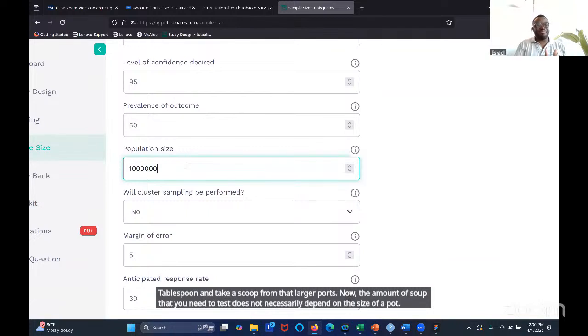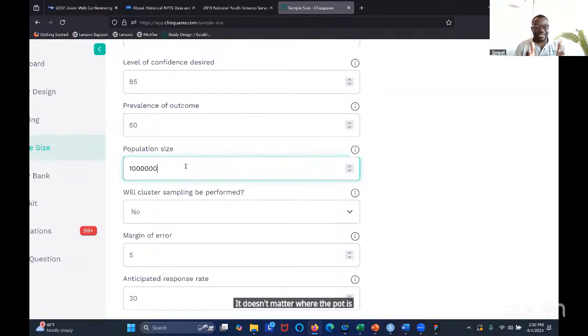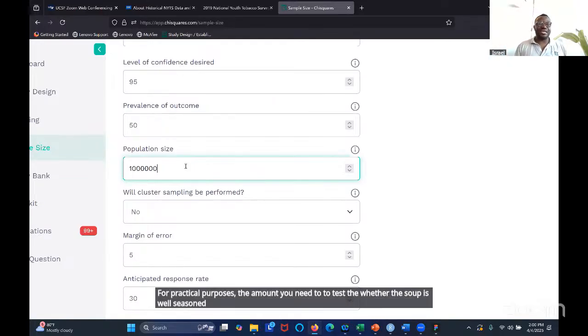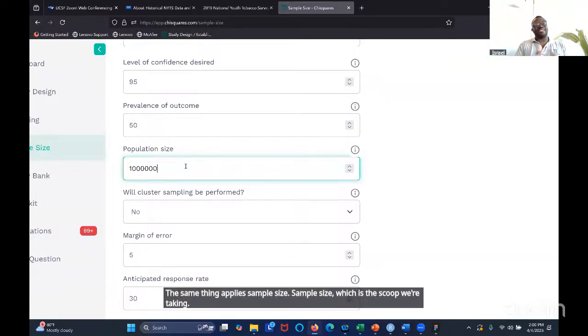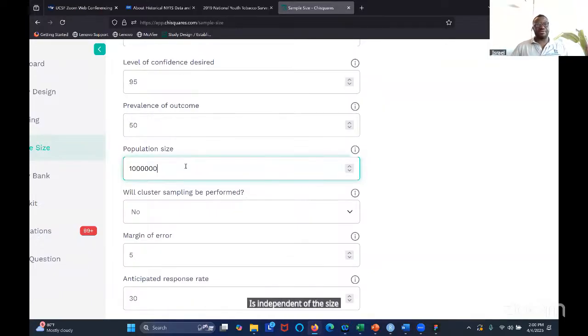It doesn't matter whether the pot is this big or that big. For practical purposes, the amount you need to taste, whether the soup is well seasoned or not, is really small. It is independent of the size of the pot that is being cooked. The same thing applies to sample size. Sample size, which is the scoop we're taking, is independent of the size of a population, right? Which is something that people get confused about all the time.